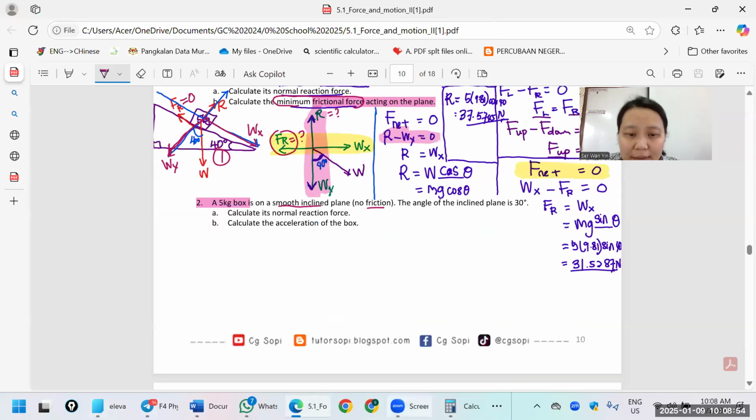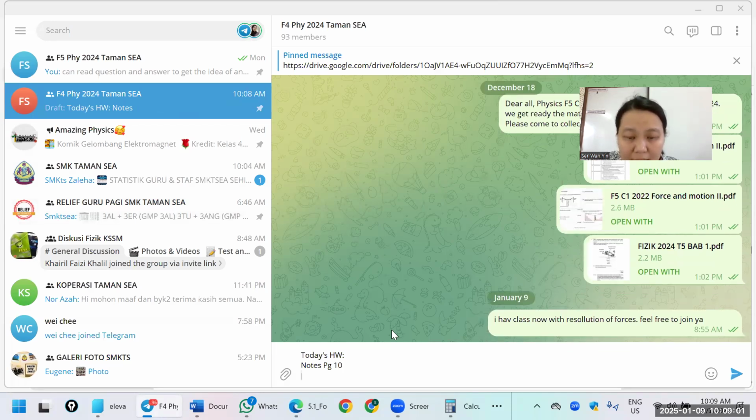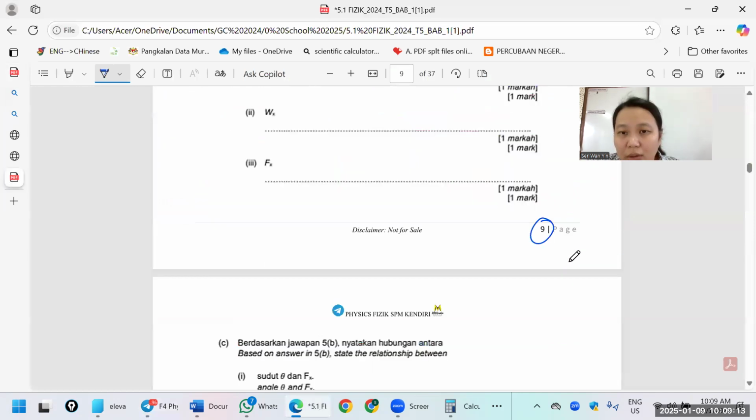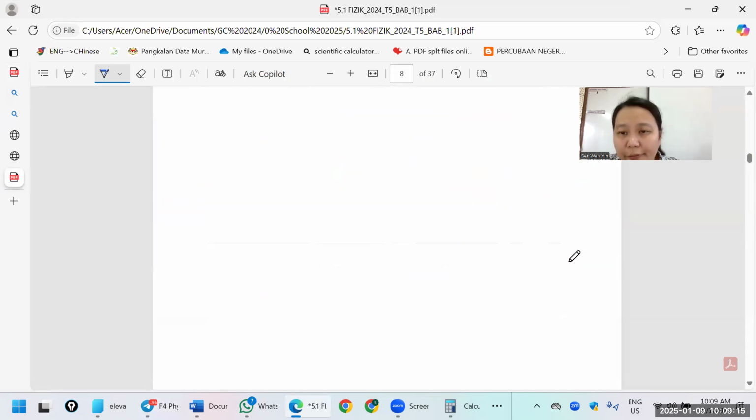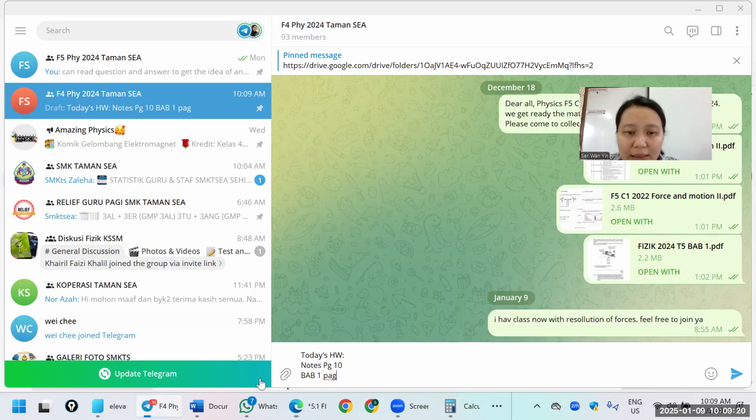Notes page 10. And this is Bab 1, page 1, 2, 3, 9 and 10.